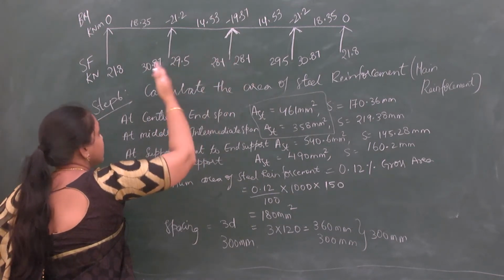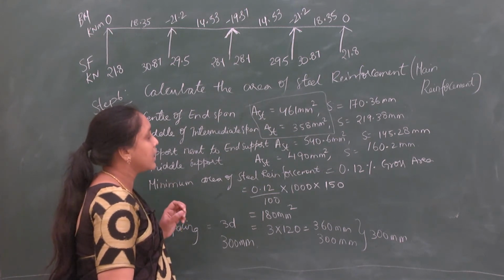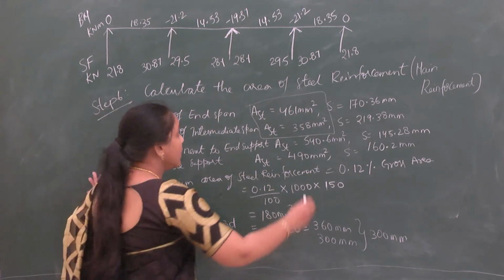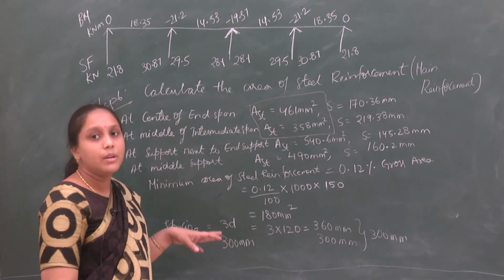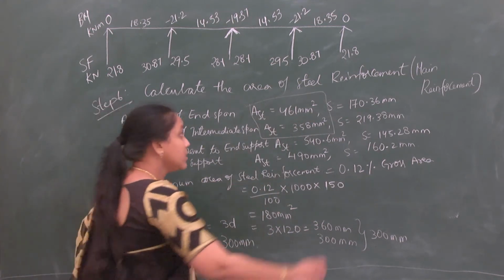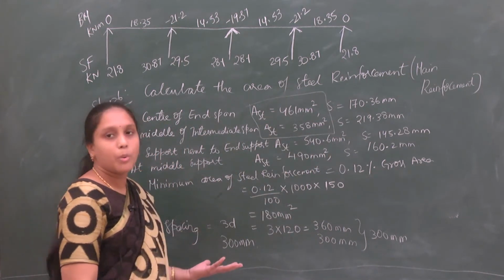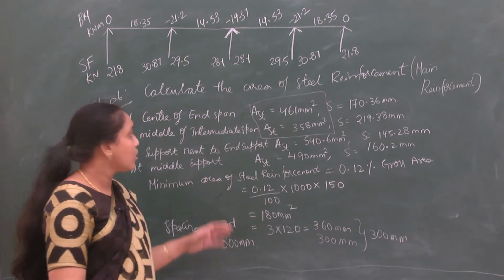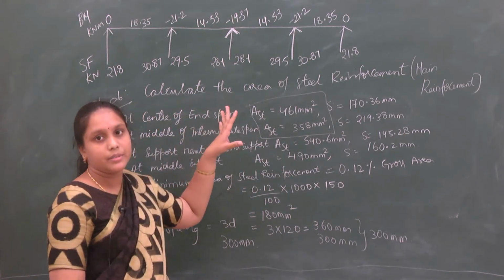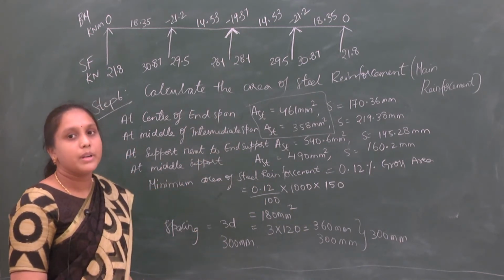Is it or not? So these two area of steels are for the center of the support. In these two, I am going to take the maximum area of steel and provide it with this spacing. For all of them the diameter of the bars is 10 mm. So at the center of the supports, we are going to provide 10 mm diameter bars.